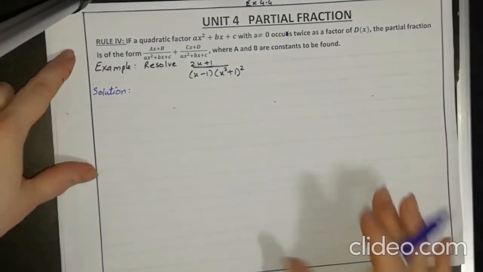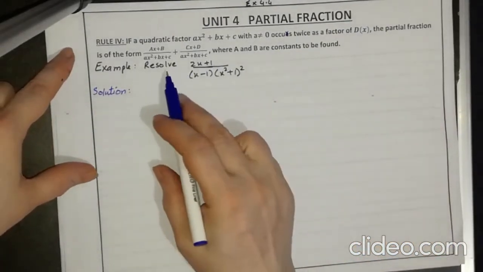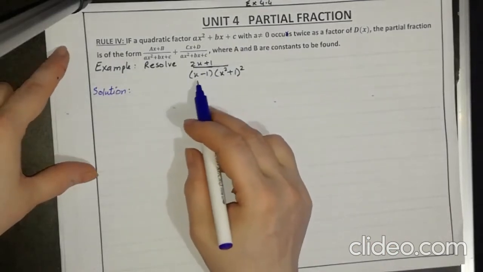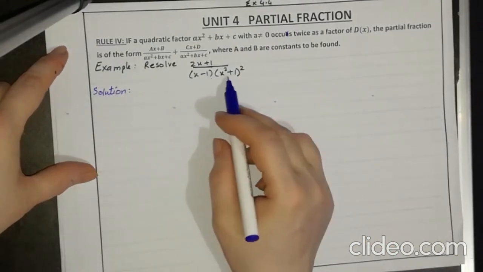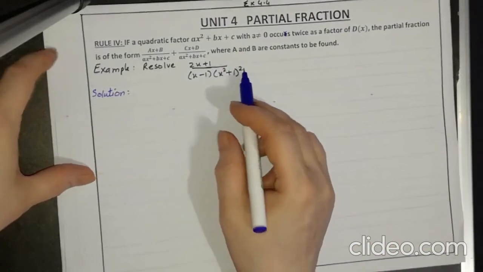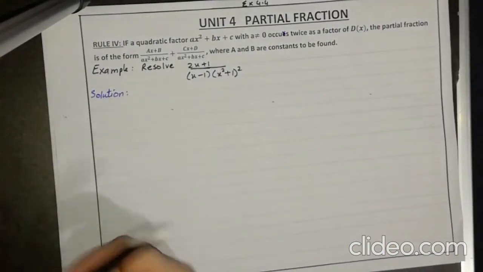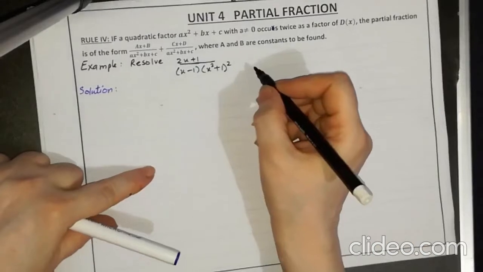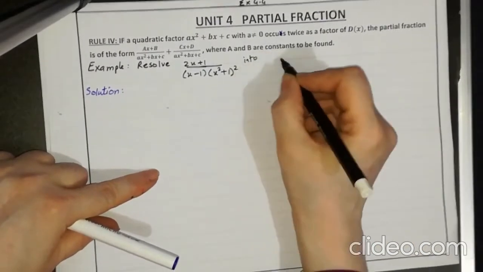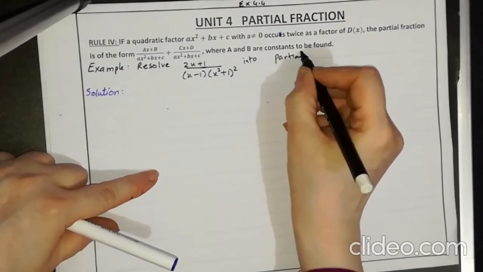So let's start our question. The question is: resolve (2x plus 1) over (x minus 1)(x square plus 1) whole square into partial fractions.